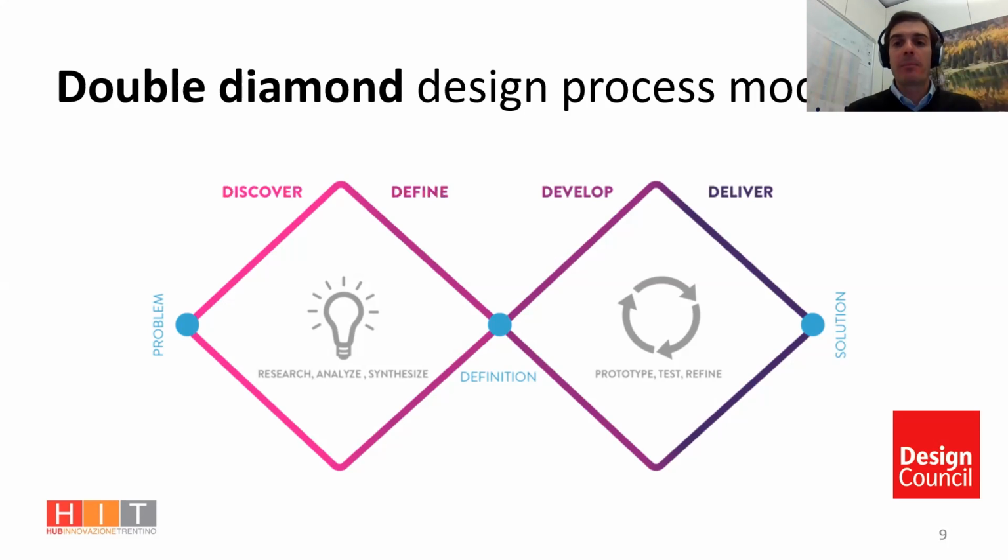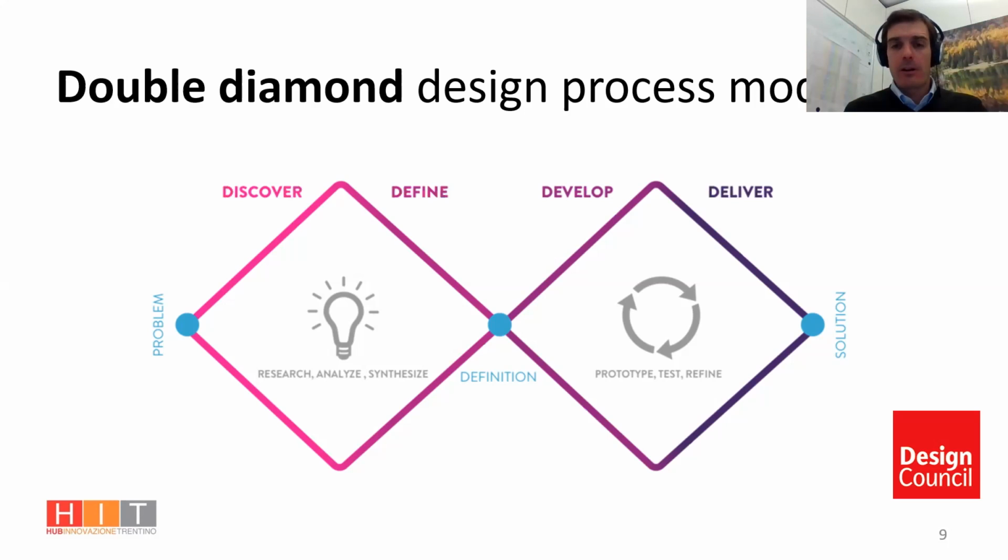It can be an app, or a new functionality of an app or of a service, or it could be an improved version of a certain functionality of an app already existing on the market. And the double diamond process tells you that you have to iterate in these two phases, develop and deliver.